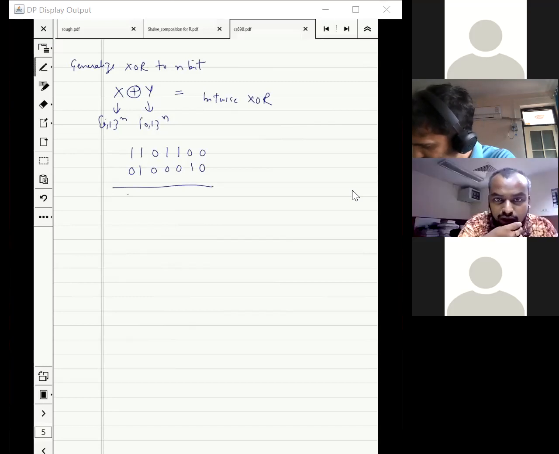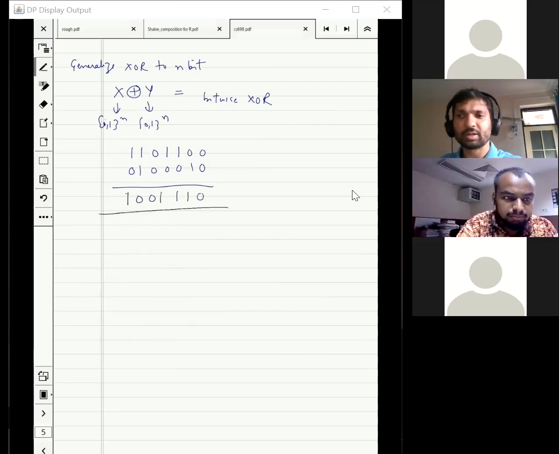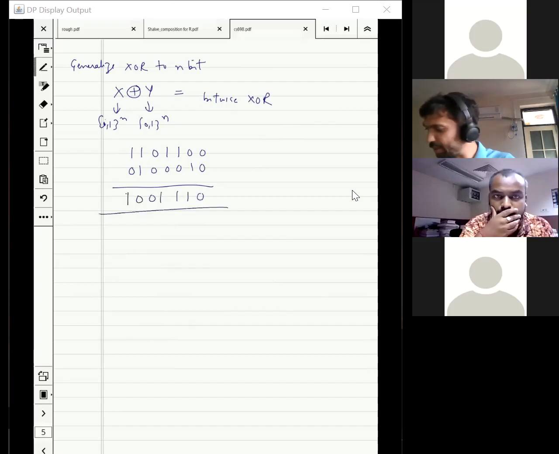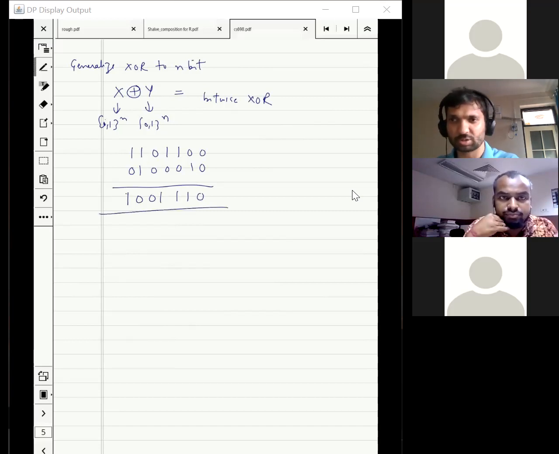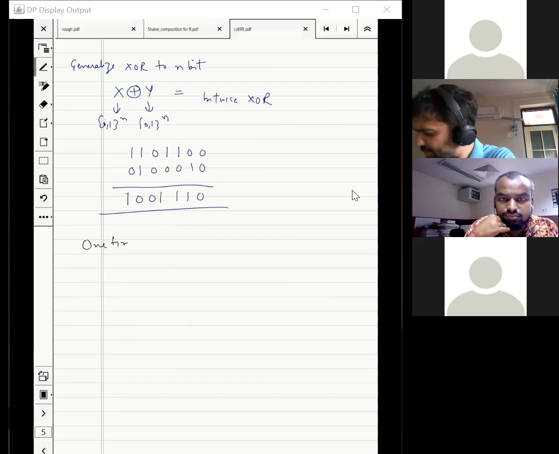The first is 1 0 0 1 1 1 0. Perfect. Right? Very easily you can just calculate the XOR bitwise, and this is going to be the XOR. Right? So one-time pad is very simple.